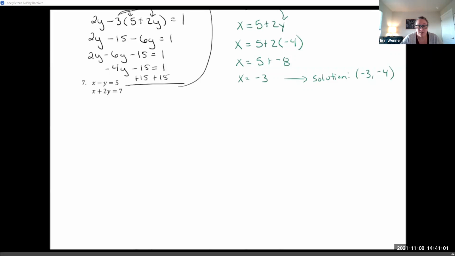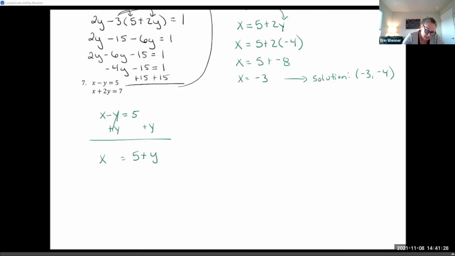And when I look at that first equation, all I have to do is add Y, right? So in my mind, let's isolate X in the first equation. So if I have X minus Y equals 5, I'm going to add Y to both sides, giving me X equals 5 plus Y, or Y plus 5. It doesn't matter how you write it. It's still going to work, okay?